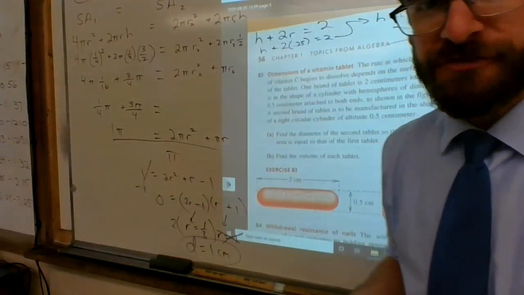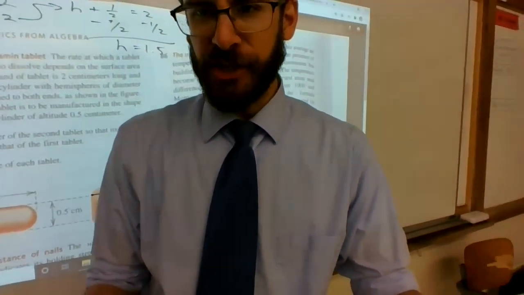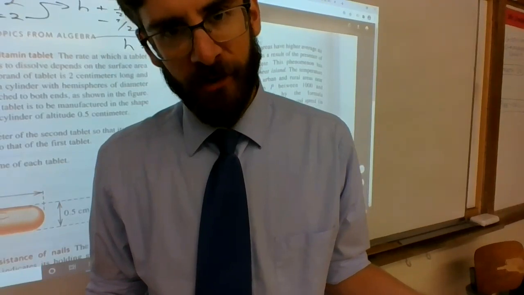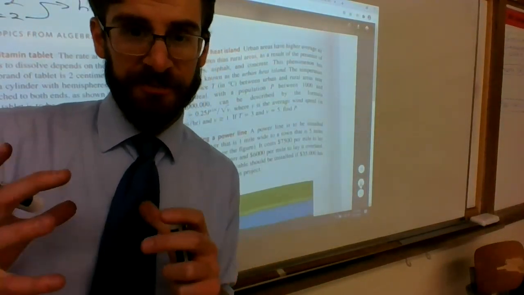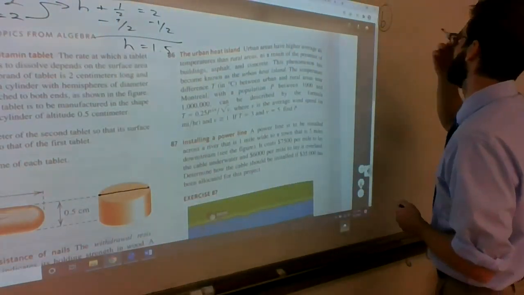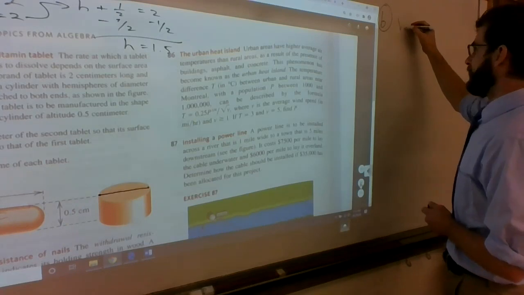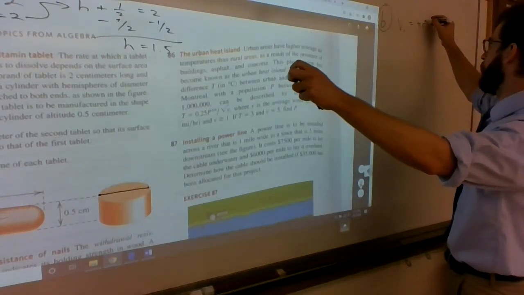The second part is just finding the volume of each tablet. So all they're asking you guys to do is say, can you come up with a volume formula for the cylinder with basically a full sphere attached to it? So we'll say the volume for the first one is going to be cylinder is pi r squared h.